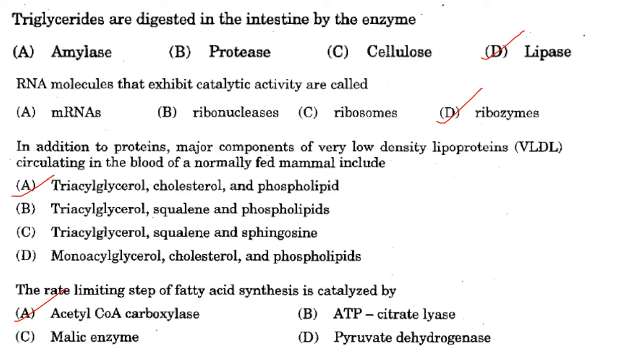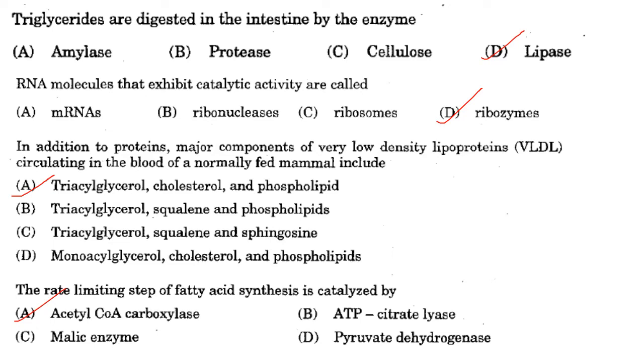Answer is option D. In addition to proteins, major components of very low density lipoproteins circulating in the blood of a normally fed mammal include triacylglycerols, cholesterol and phospholipids.